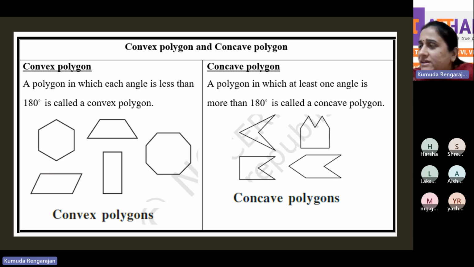So the number of sides and the number of interior angles of a polygon is the same. A polygon has as many angles as the number of sides. If it has 10 sides, it has 10 interior angles and 10 exterior angles also.